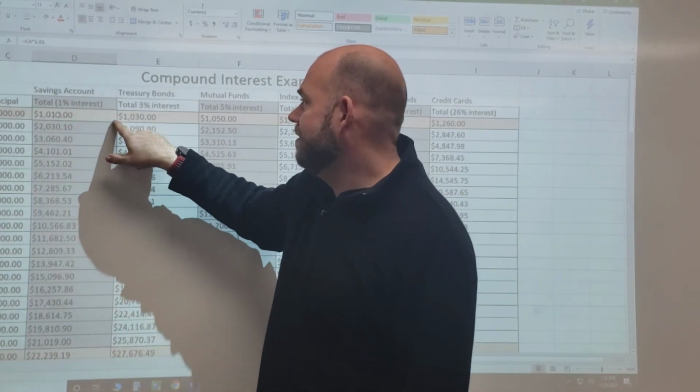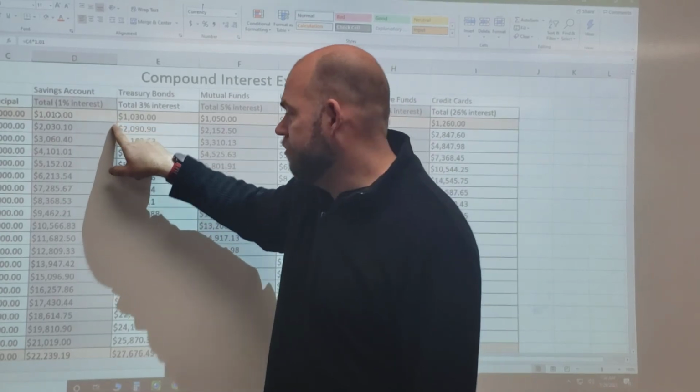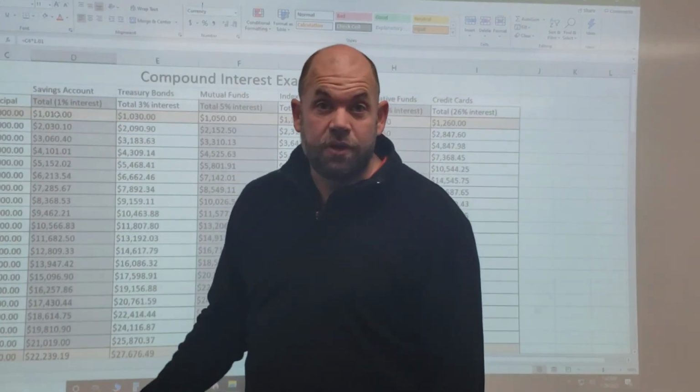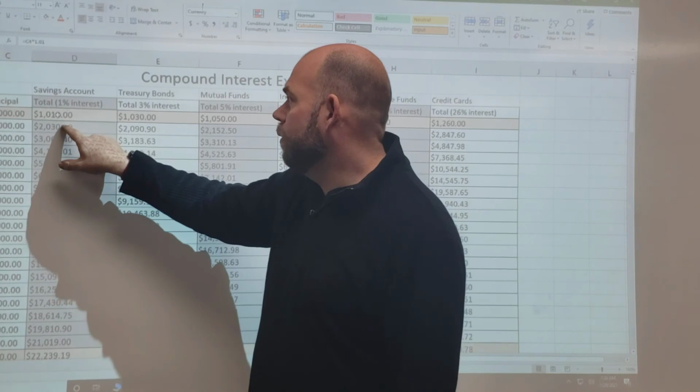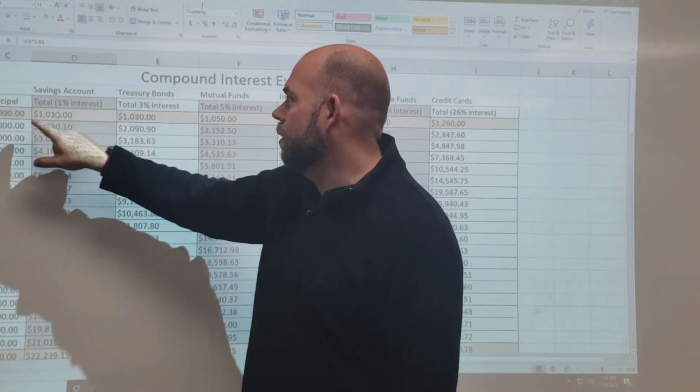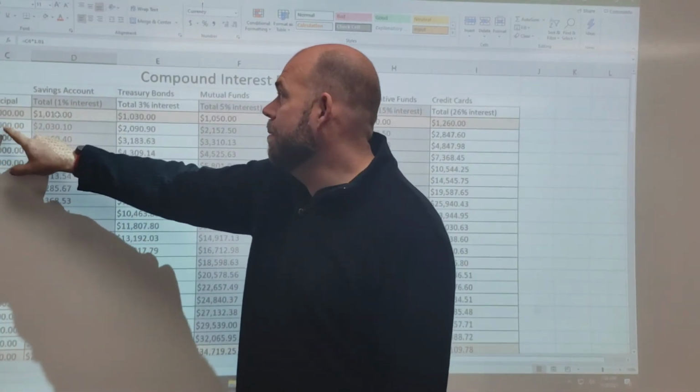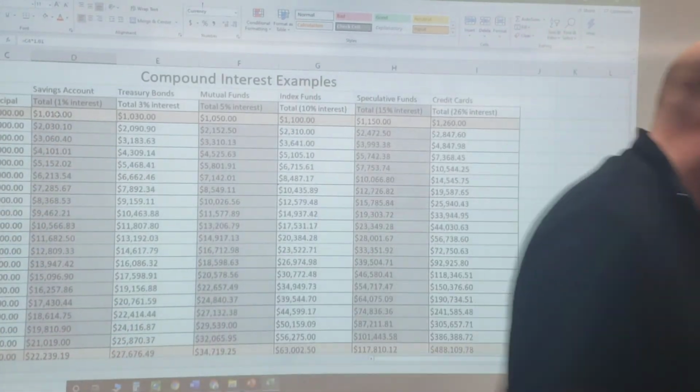Now if I take this bottom right corner and I just drag it down, it'll apply that to everything. But I want to change the formula here because now I want it to compound. So I want to add the $1,000 and then multiply that by 0.101.